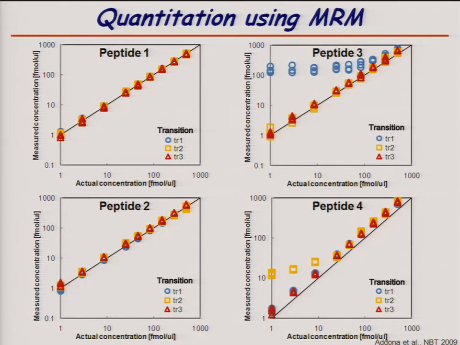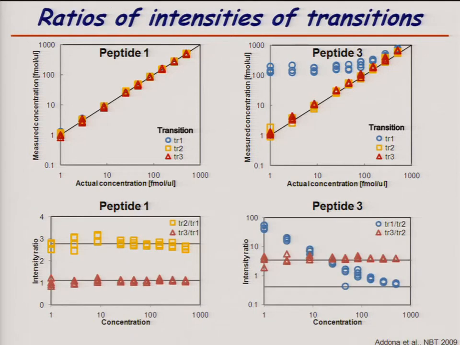So how do we think about this? We devised a simple model. If we look at the ratios between transitions, we see that when there is no interference, the ratios of the transitions are constant over the whole range. These experiments were done with a heavy labeled synthetic peptide as an internal standard.